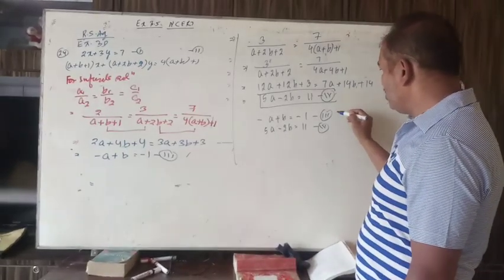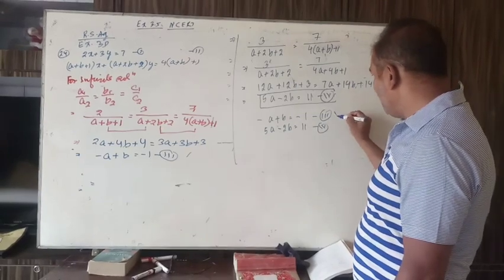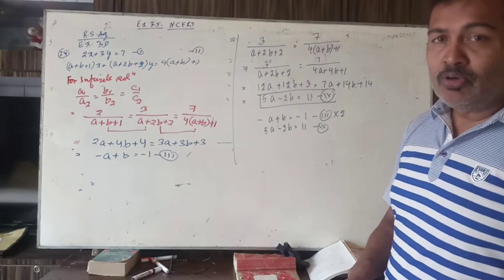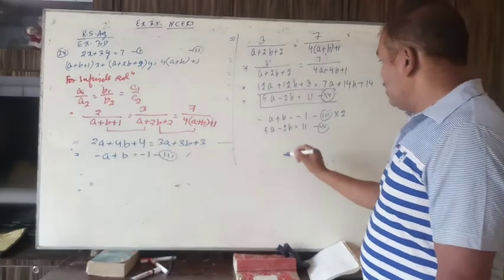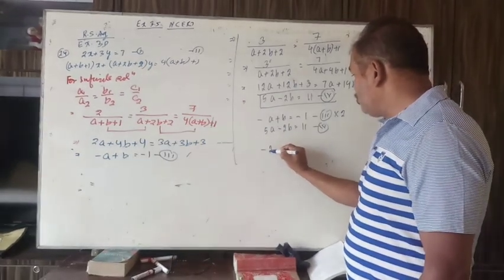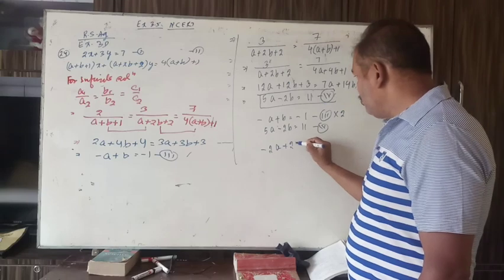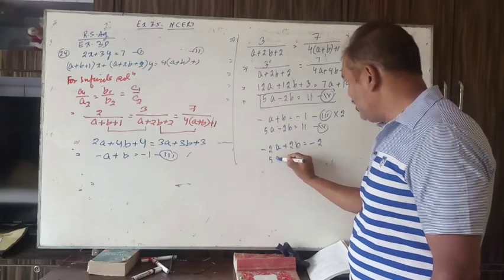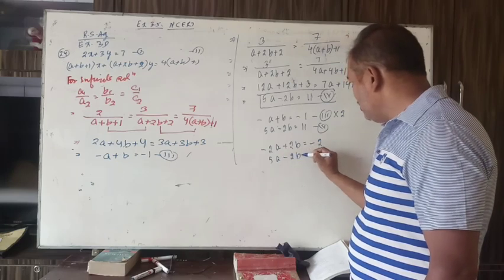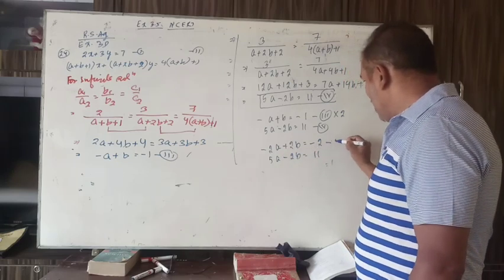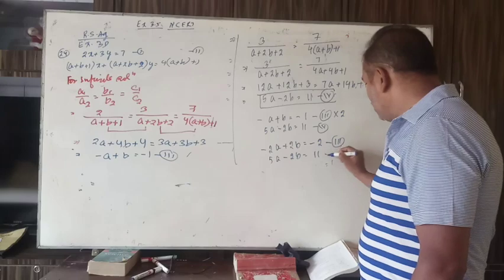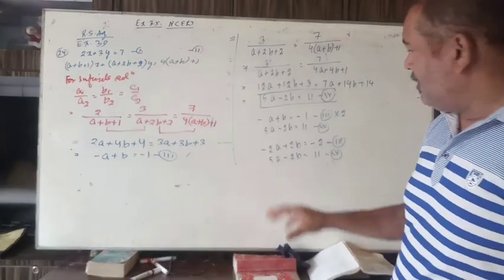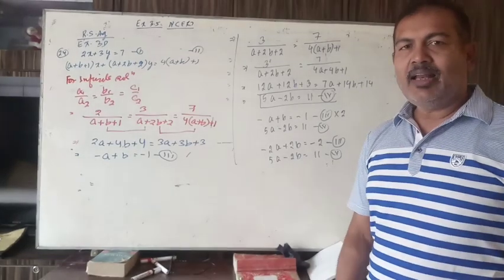In that method, we need to multiply equation number 3 by 2, because the LCM of 2 and 1 is equal to 2. This equation becomes minus 2a plus 2b is equal to minus 2, and 5a minus 2b is equal to 11. Now you can easily solve this equation, and I am very sure you are able to find the values of a and b.